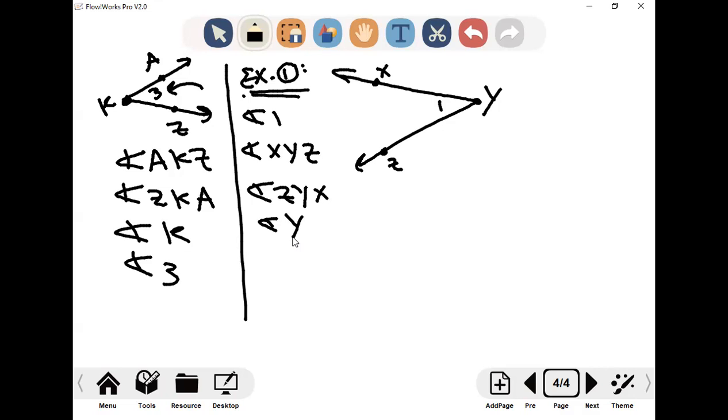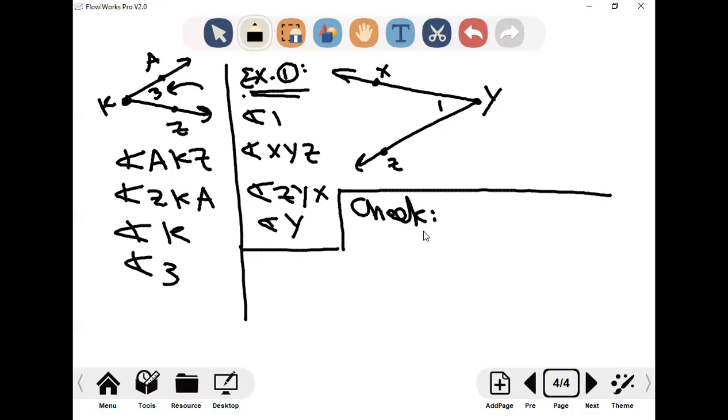Select them. Let's do the check quickly. After this example, we have a check. Check after example 1: let's name the angle in 4 ways. We have this angle. What's the measure of this angle? 90 degrees because of this square.